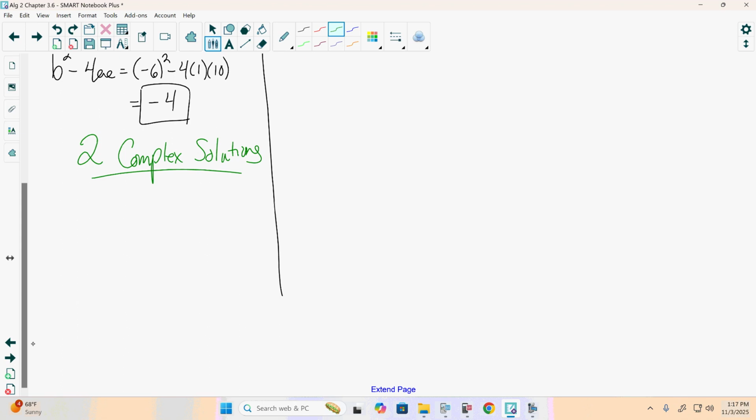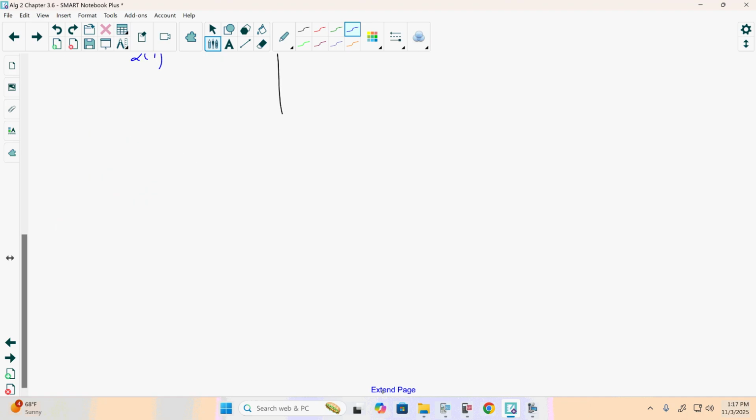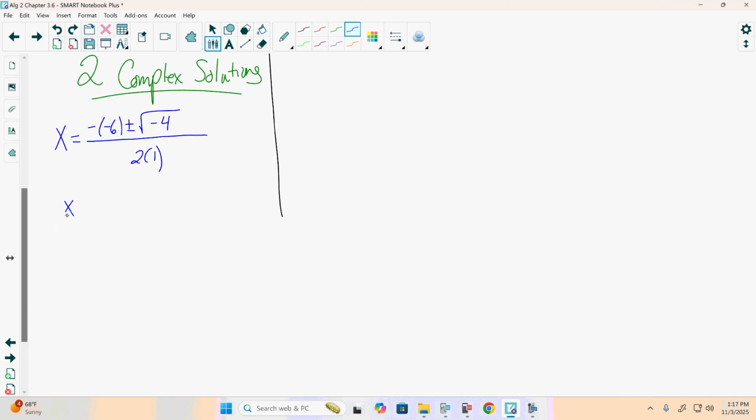If we wanted to, we could finish solving this using the quadratic formula. Negative b would be negative negative 6 plus or minus the square root of b squared minus 4ac. What's the value of b squared minus 4ac? We already found it. It is negative 4, over 2 times a, or 2 times 1. Our negative negative 6 is going to be positive 6.